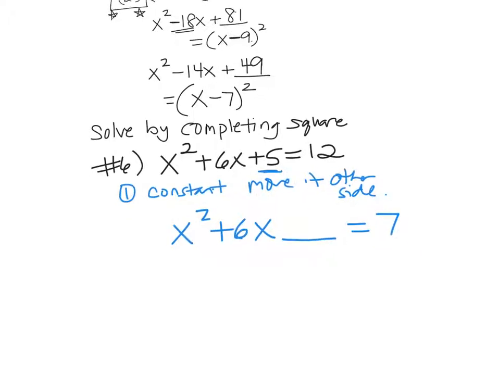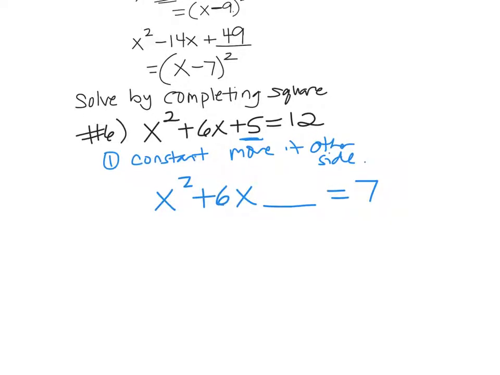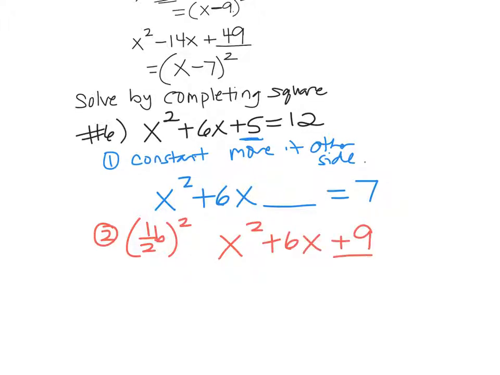All right, step 2. Step 2 is to take half of the middle term, half of b, and square it. So what's half of 6, squared? 9. Now, do you know the golden rule of algebra? Exactly. Whatever you do to one side, you do to the other.